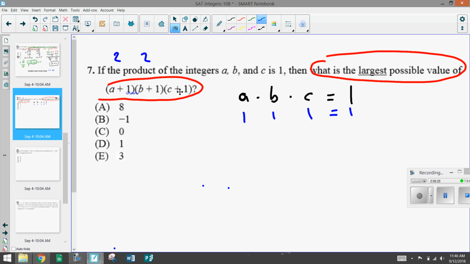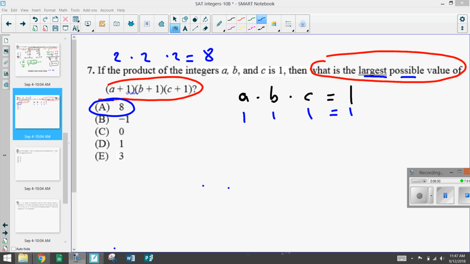Same. c is 1. 1 plus 1. 8. Question is largest possible. Yeah, there you go. And when you look at the answer choices, since we got the largest number, there's no need to hesitate. There's no number which is higher than 8. So that is the right answer.